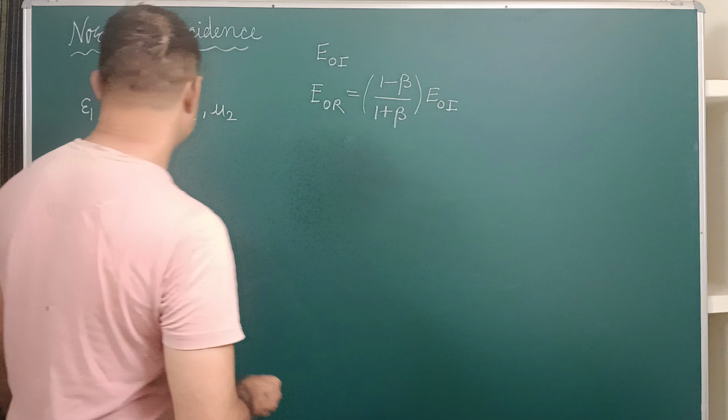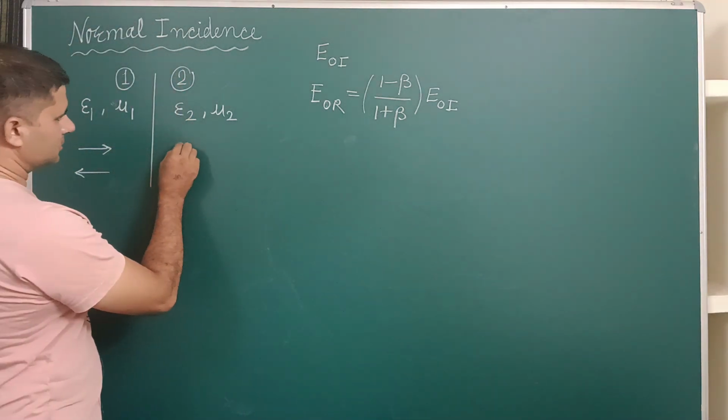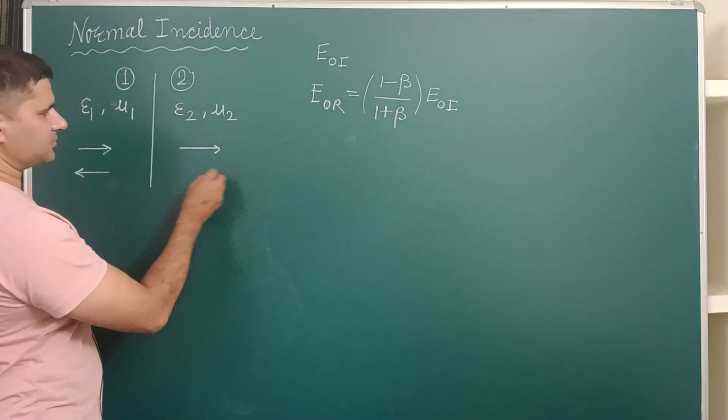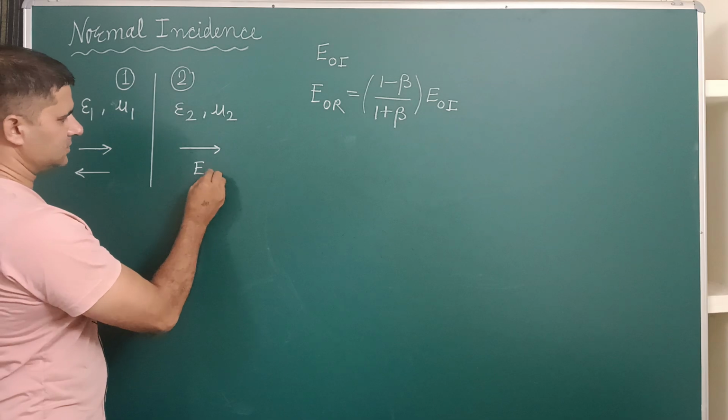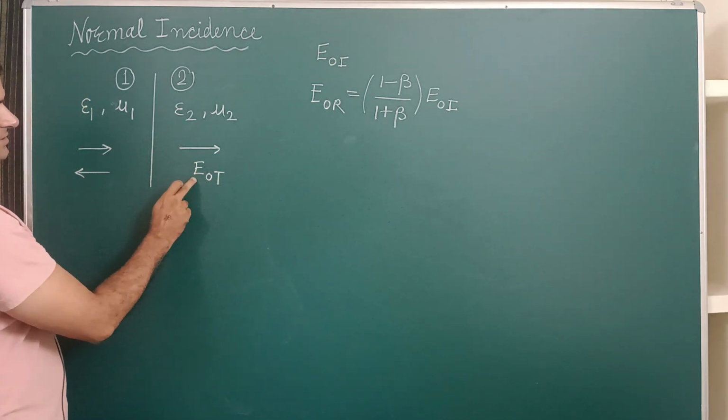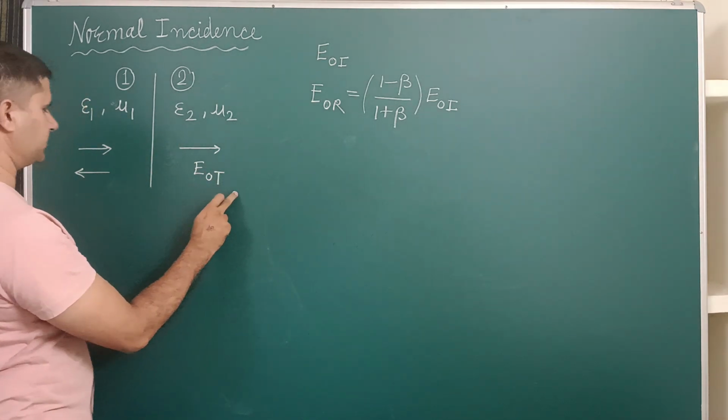In the second medium we have only the transmitted wave, so it is E node T, the amplitude of the transmitted wave.